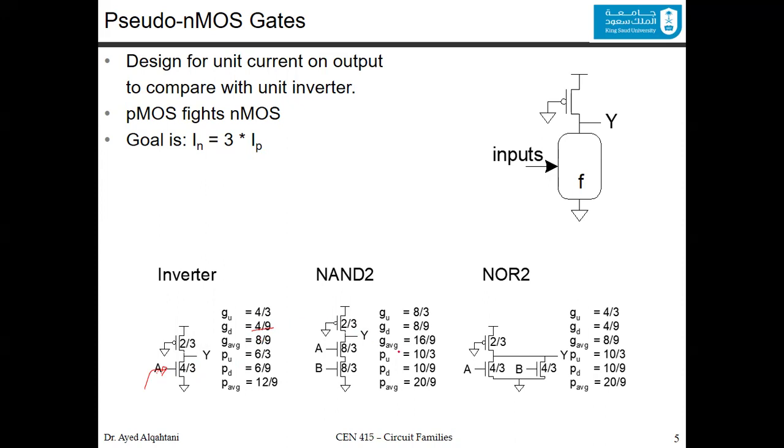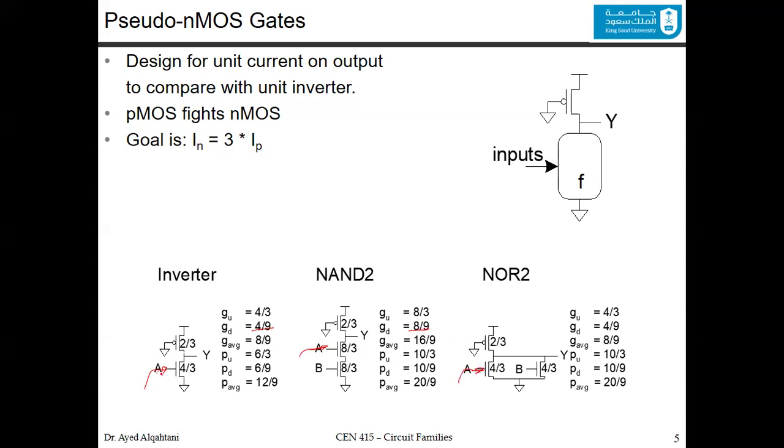Similarly, here, you have two inputs. For a single input, let's say A, it's 8/3, and then you compare it to the CMOS inverter, the one that we already know, which you divide by 3. So 8/3 divided by 3 is going to be 8/9. Here, for example, we have 8.